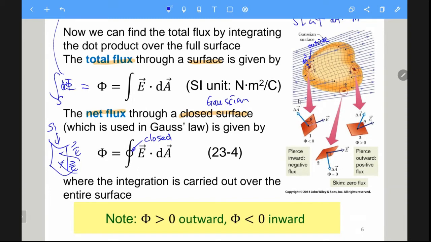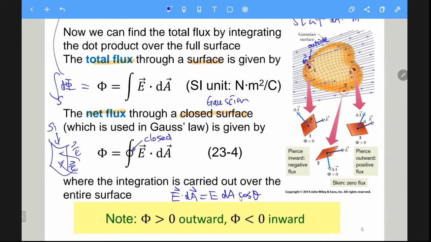E dot dA is E times dA times cosine of theta. E and dA are magnitudes of vectors, so they must be larger than or equal to 0.